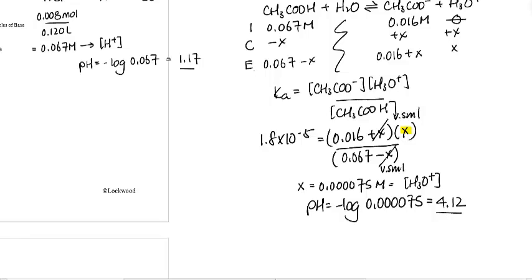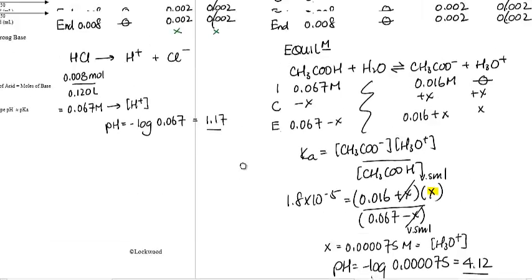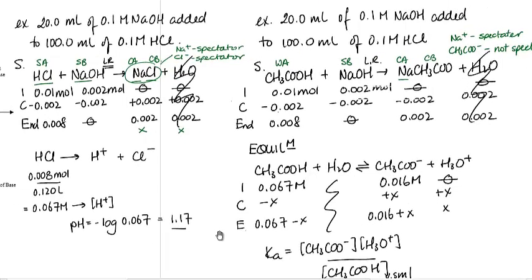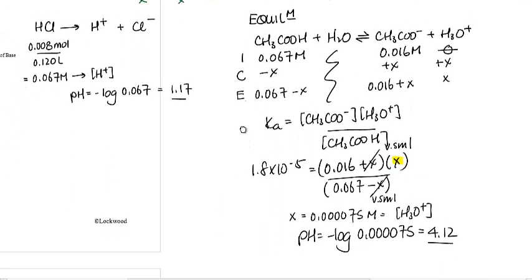Now, as we take a look at the two equations, we can see that the initial stoichiometric part is very, very similar. You're looking at the complete reaction of the base with the acid. However, the subsequent treatment is different. In the case of our strong acid, right over here, we see that we have a strong acid that's going to dissociate completely, and therefore it will control the pH of the solution.